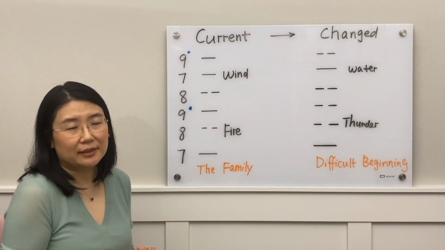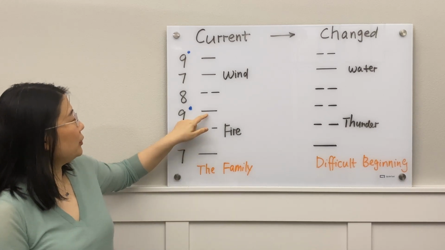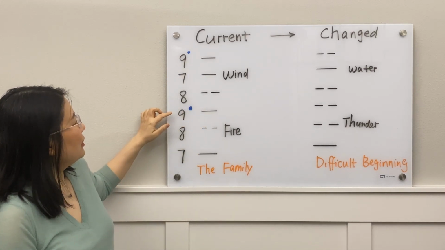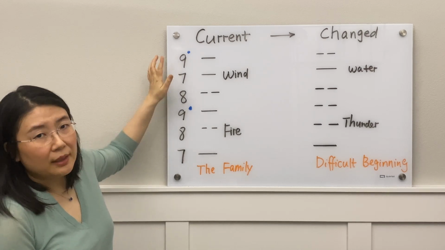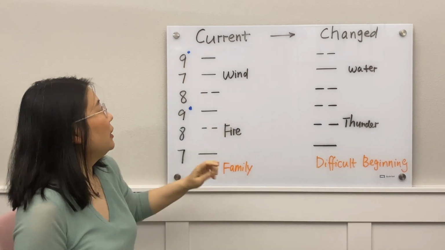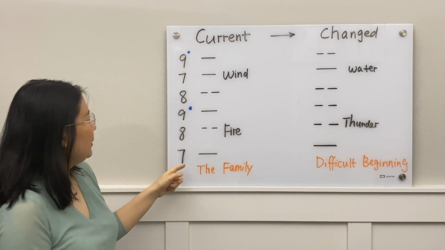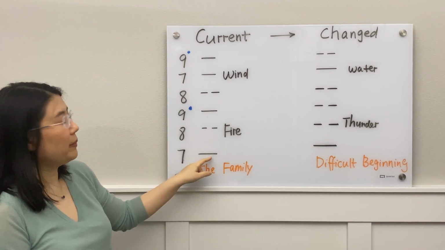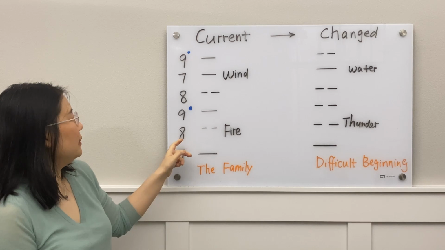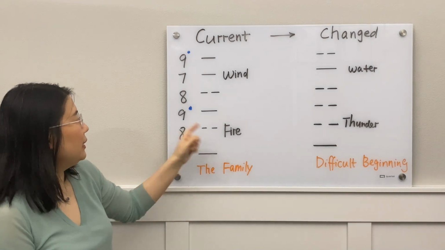because those are the extreme yang state, meaning those 2 line positions, the third line and the top line, the yin and yang will switch. So focusing on the current hexagram, you can see the odd number corresponds to the yang line and the even number corresponds to the yin line.